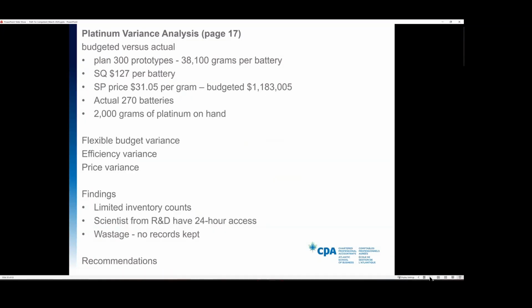So for sure, when I extract that information, I'm going to put it here plus the page number under the quantitative. As a reminder, I know I need to do the flexible budget variance, an efficiency variance and a price variance. And I'm going to put the important case facts so I can use them to explain the reasons for the variances.